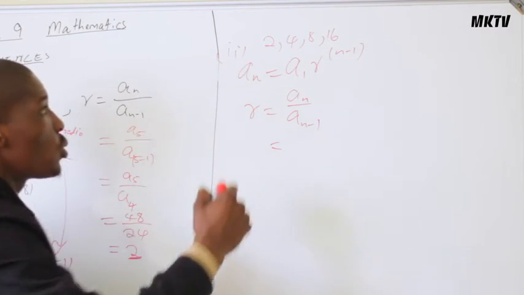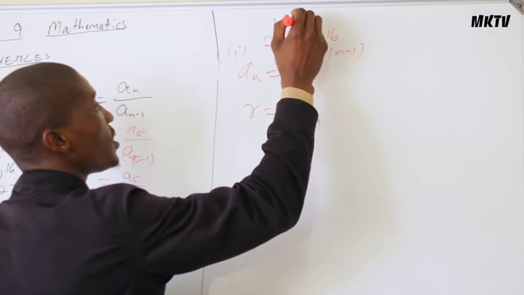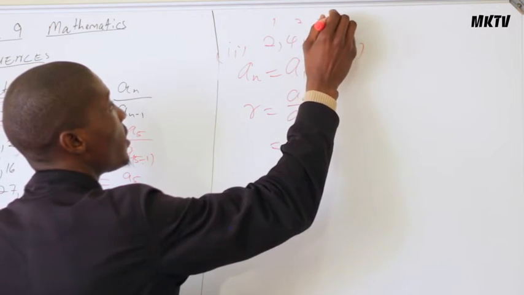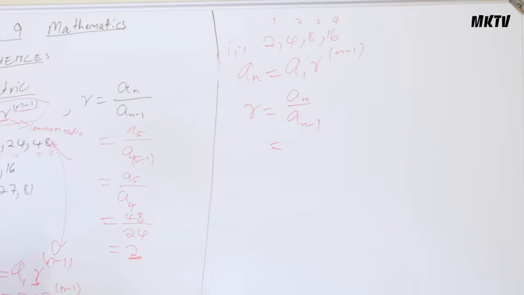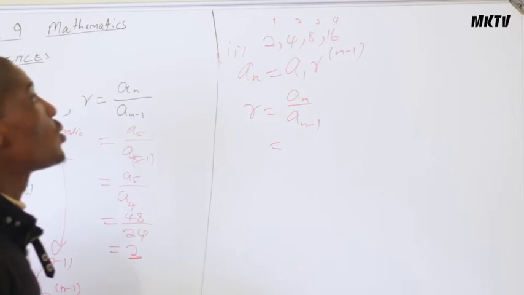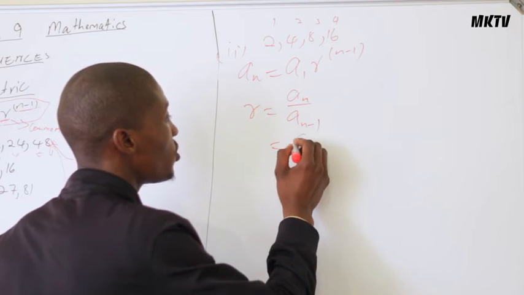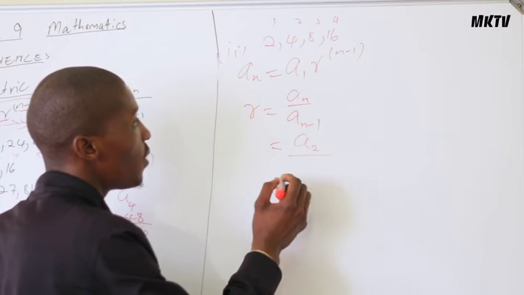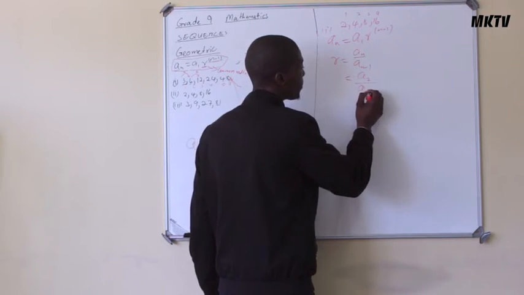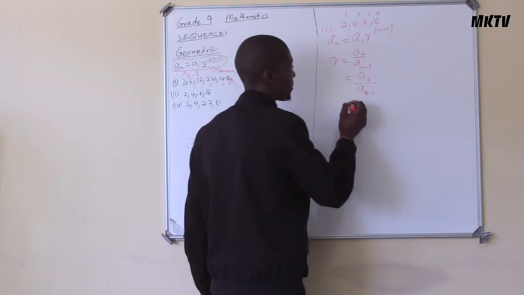Then going to our sequence, we have positions 1, 2, 3, 4. Let's go to position 2. Going to position 2, we have a2 over a2 minus 1.